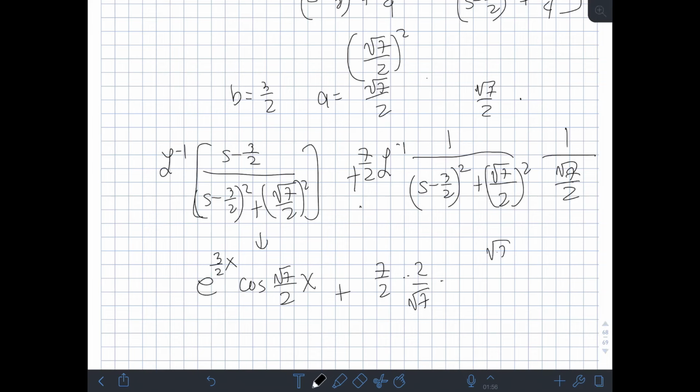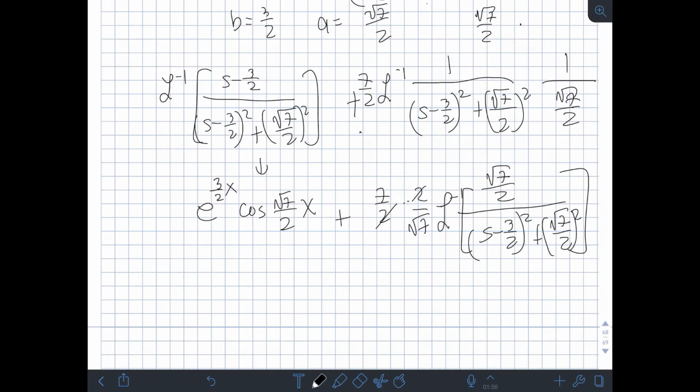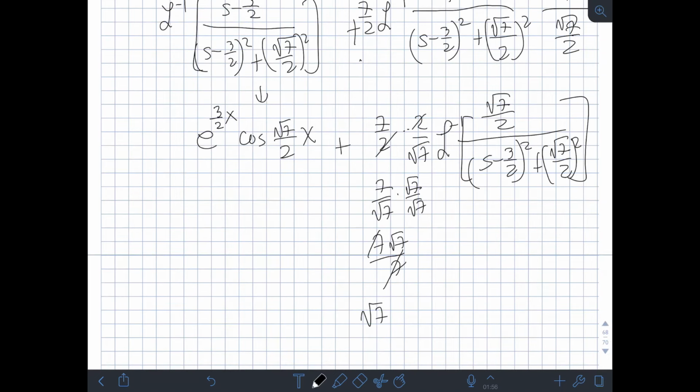Times square root of 7 over 2 over (s − 3/2) quantity squared plus (square root of 7 over 2) squared, inverse Laplace transform. So, the 2 cancels, and we have 7 over square root of 7. Let's rationalize. It equals 7 square root of 7 over 7, or simply square root of 7.